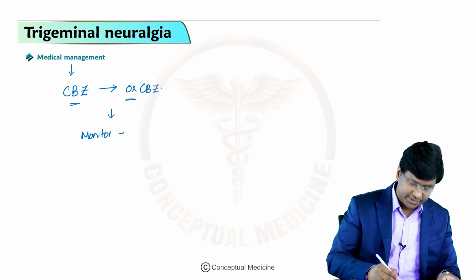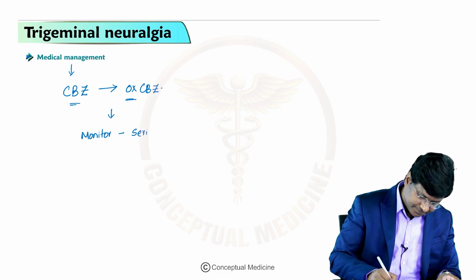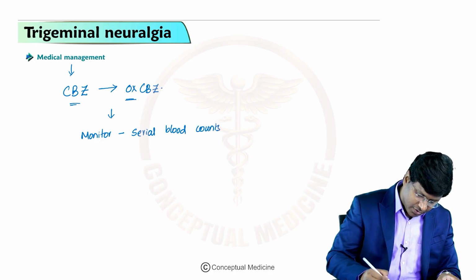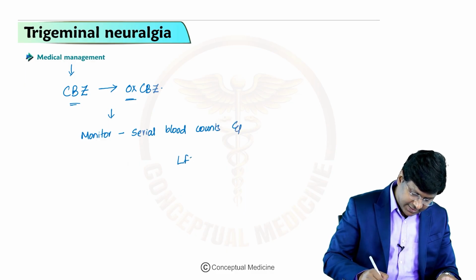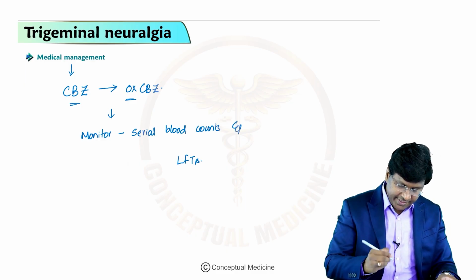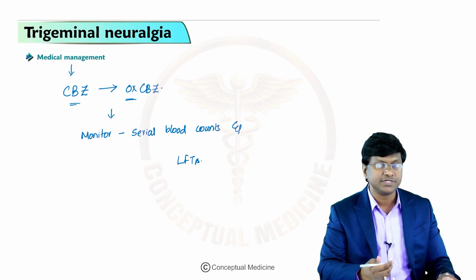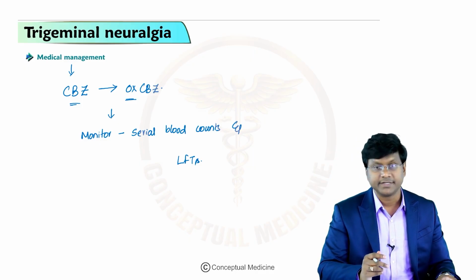You need to monitor the serial blood counts, which get altered whenever you are giving carbamazepine or oxcarbazepine. And you need to do liver function tests, as there can be derangement of liver function when the individual is on carbamazepine particularly.